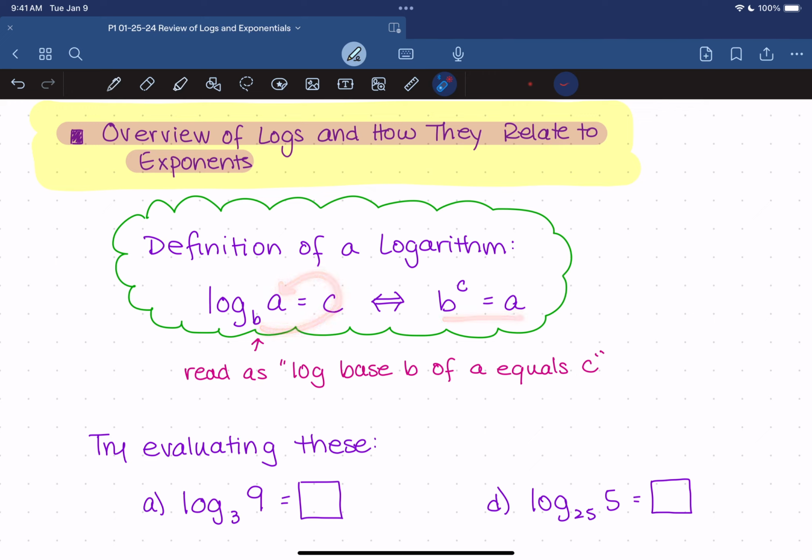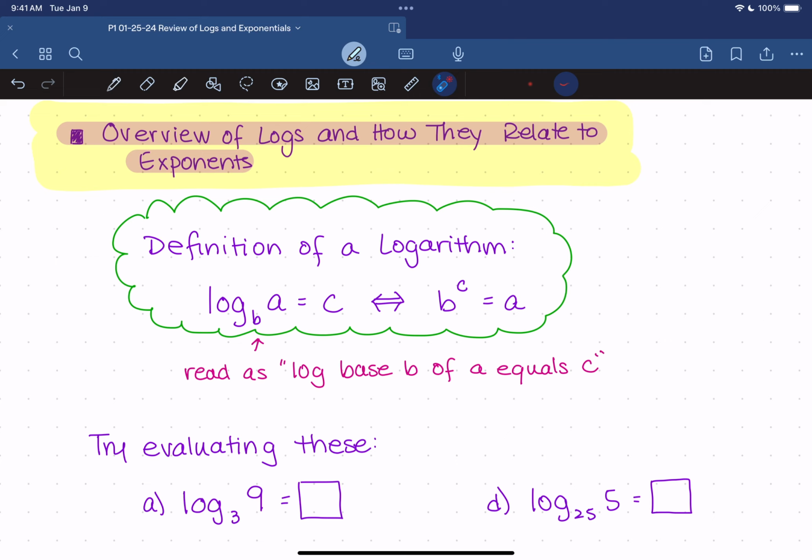And you can see it actually works going the other way too. If on this side we start at the base and go around the equal sign, it will put everything back in this form: log base b of a equals c. So always start at the base, go around the equal sign. A lot of people just call that around the world.